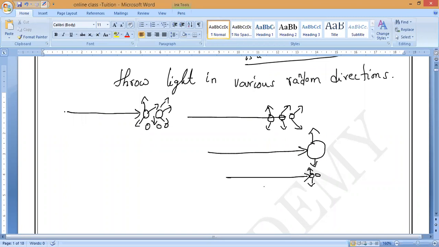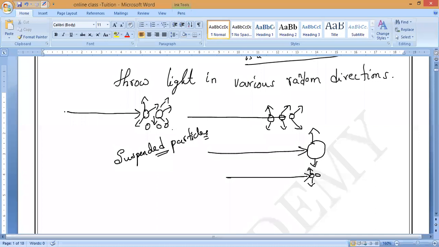Light is scattered only when it falls on various types of suspended particles. If the light is traveling across an atmosphere that contains suspended particles, then because of them, light travels in random directions. That is what we call scattering of light.